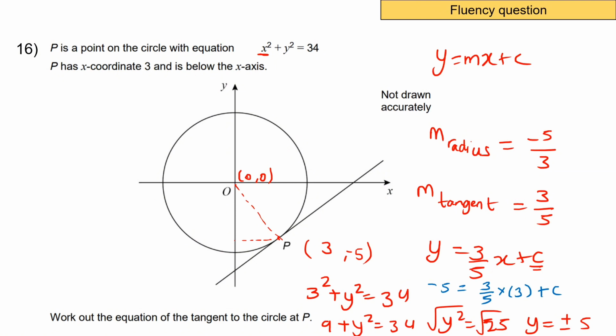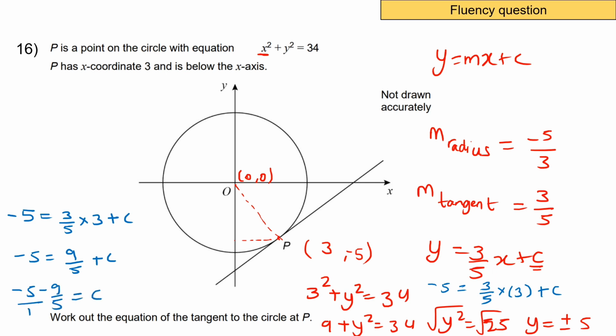When we do this calculation, c is going to be negative 34 out of 5. So negative 5 is equal to 3 out of 5 times 3 plus c. Negative 5 is equal to 9 out of 5 plus c. Negative 5 take away 9 out of 5 is going to be c.